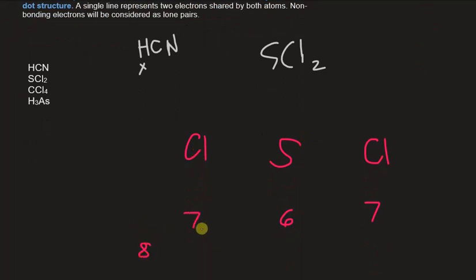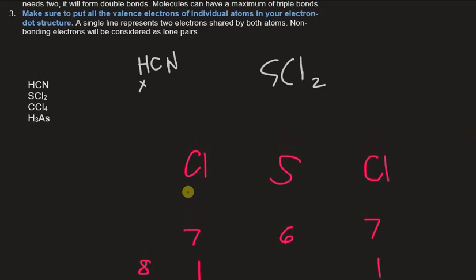So chlorine has 7, it needs 1, and the other Cl also has 7 and needs 1 more valence electron. So Cl will be asking for 1 valence electron from sulfur, forming a single bond. The same for the other Cl, also getting a single bond.